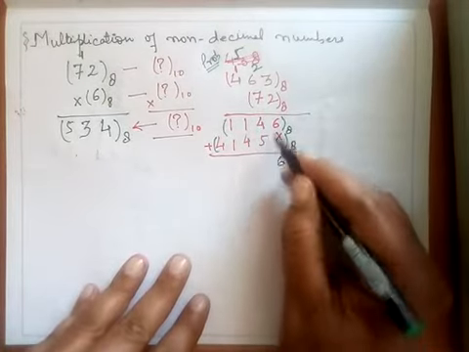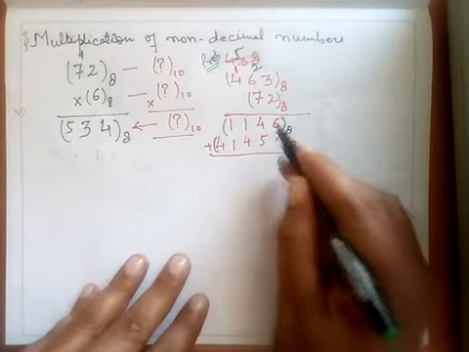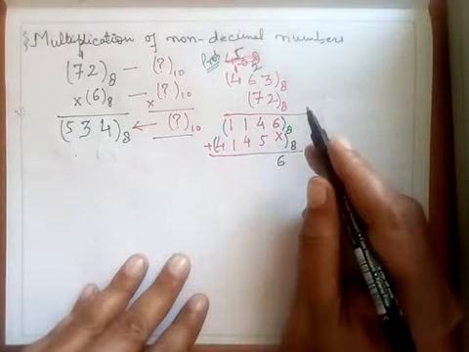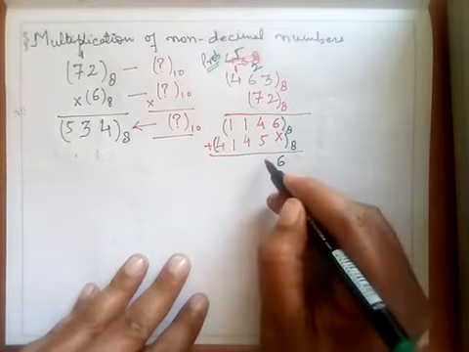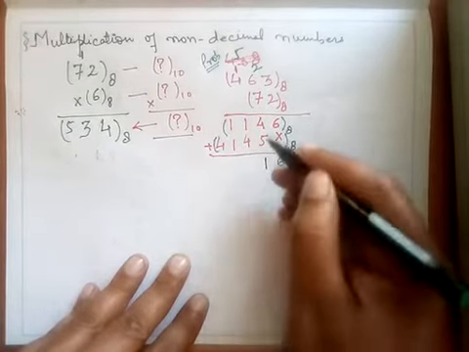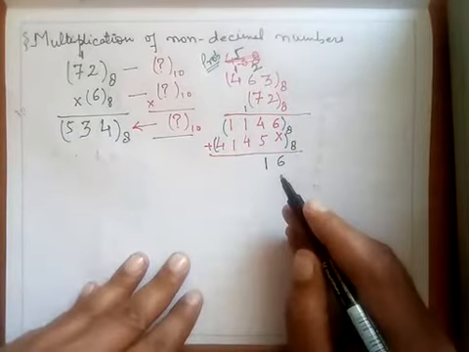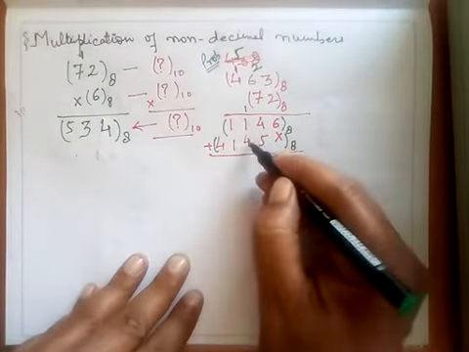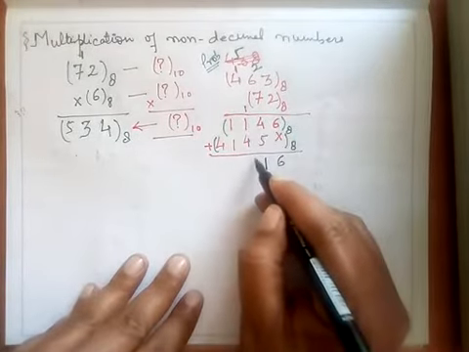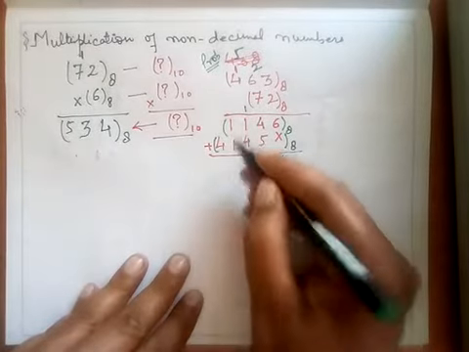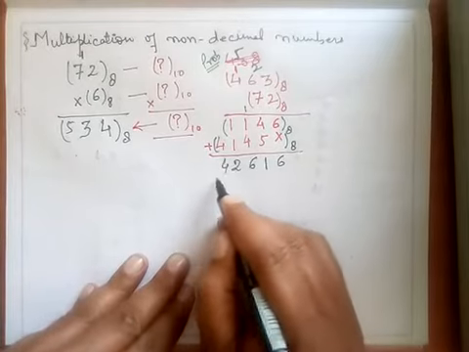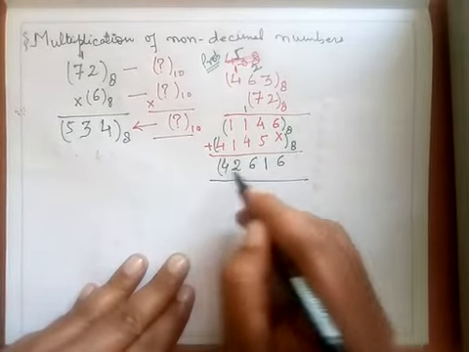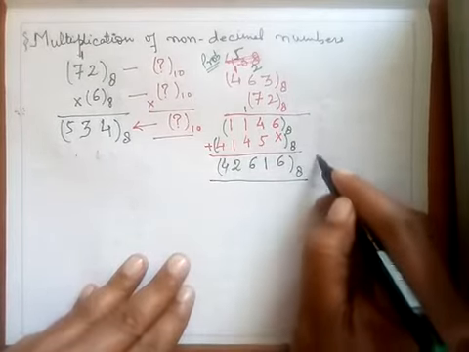I am saying 9 in decimal, but we have to do this addition in octal. 9 divided by 8: 8 ones are 8, remainder is 1. So it is 1 and carry 1. This carry is 1. 4 plus 1 is 5, and 5 and 1 is 6. Then this is 2 and of course this is 4 here. I hope this multiplication in base 8 is clear to you. This is my answer.